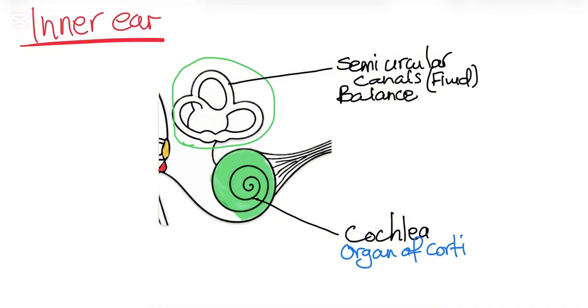The organ of Corti converts, remember we said the stimulus is the pressure waves, so it converts pressure waves into a nerve impulse, and the impulse is then sent to the brain.